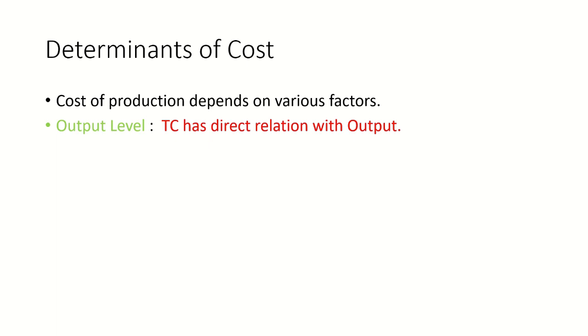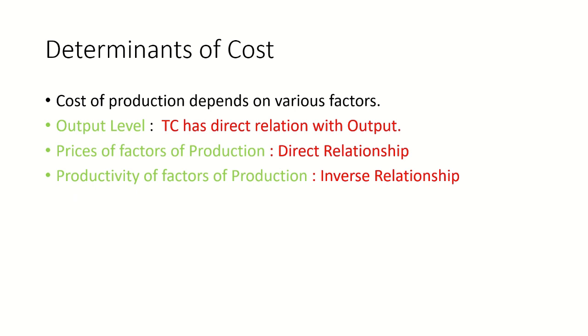And the second one is the price of various factors of production. We know about the various factors of production, and there also we can see a direct relationship between the price of factors of production and the cost. Third one, the productivity of factors of production. Productivity is the capacity of the factors of production.